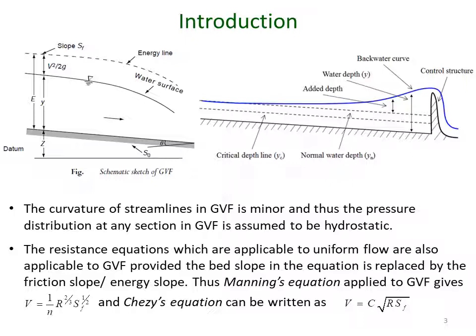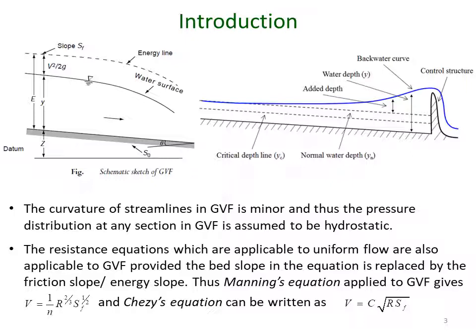So if we write Manning's equation for GVF, gradually varied flow, this gives V equal to, where V is the cross-section average velocity, V = (1/n) R^(2/3) S_f^(1/2).